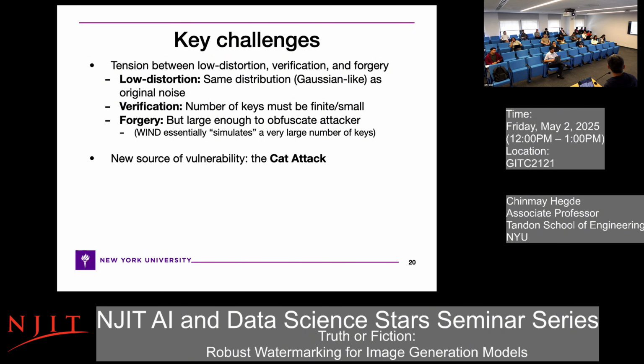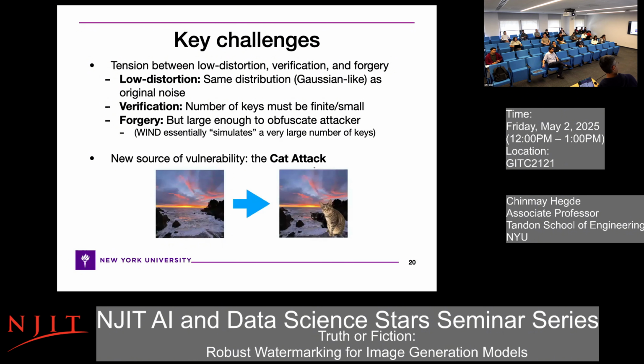But there's a new vulnerability that we discovered while building WIND. My student Teal calls it the cat attack. Here's an image of a nice beach, and it's been watermarked using our method, right? But if I locally tamper this image, say, for example, I add a cat image in the bottom right, local tampering of this image is enough to fool WIND.